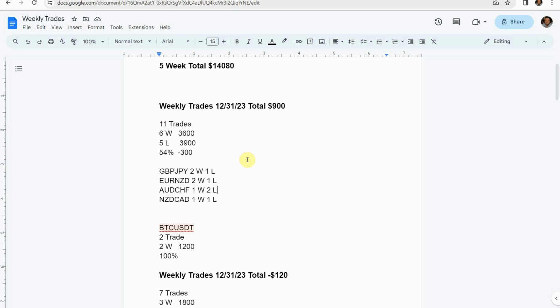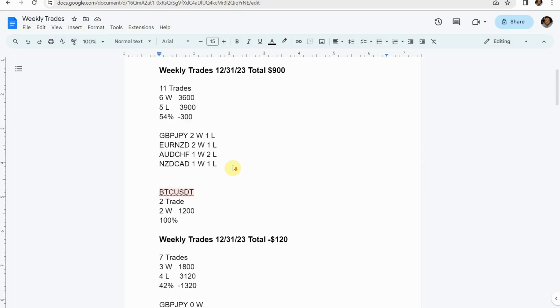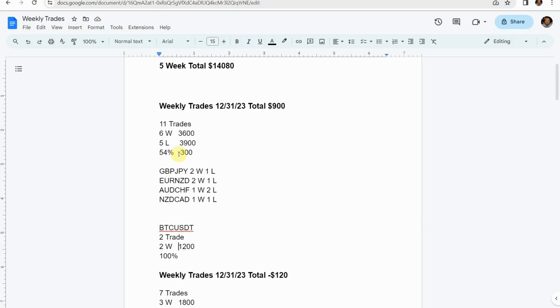But even with that, this week we did 11 trades. We had 6 winning trades and 5 losing trades, putting it at a 54% win rate. So we had just a slight drawdown of $300 for the week on the Forex pairs. Now with the crypto coin, we had 2 trades, 2 winning trades, putting us at a 100% win rate and a gain of $1,200. And so for the week, we would have been up $900 altogether.